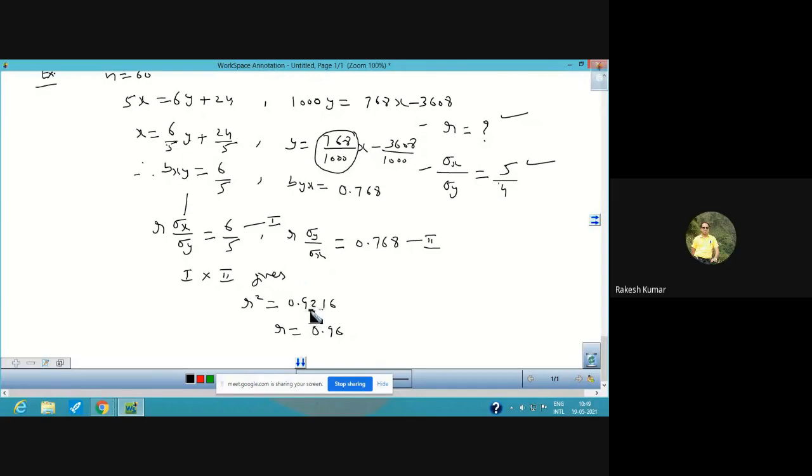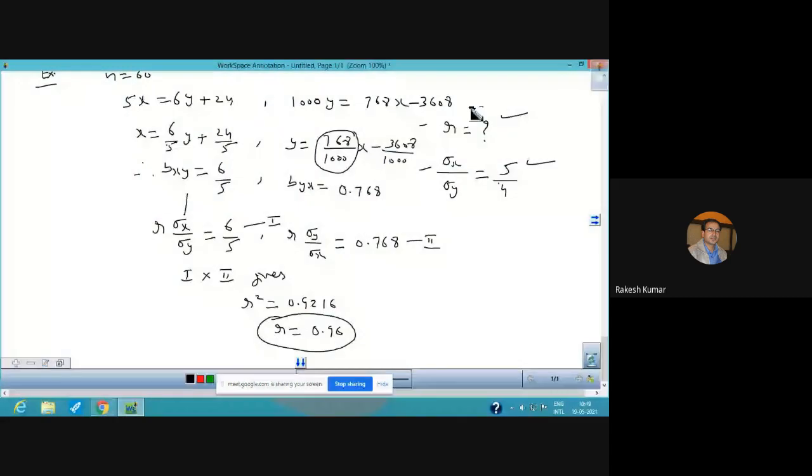The square root of 0.9216 is 0.96. So this is the value of r for the first part.